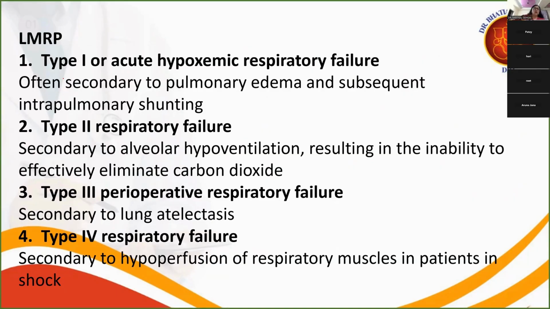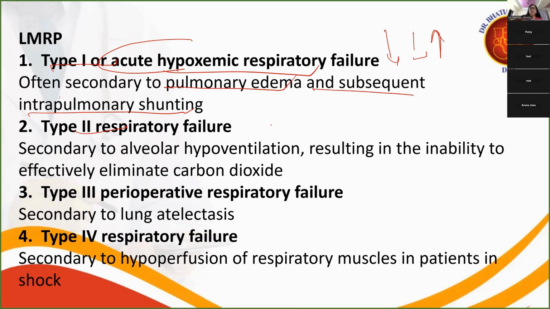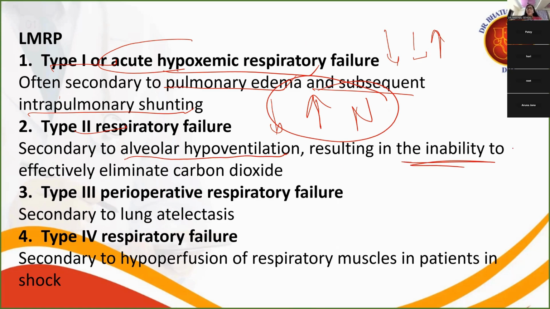So take home: type 1 is acute hypoxemic respiratory failure with low CO2, low O2 and high A-a gradient. It is seen secondary to pulmonary edema and subsequent intrapulmonary shunting. Type 2 respiratory failure: low PO2, high PaCO2 and normal gradient, secondary to alveolar hypoventilation, resulting in inability to effectively eliminate carbon dioxide, which gets accumulated.